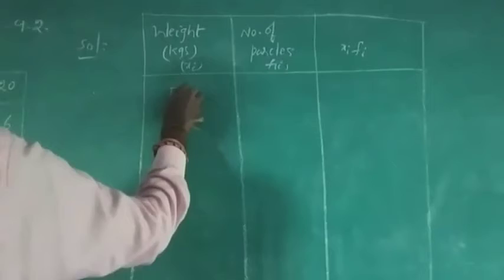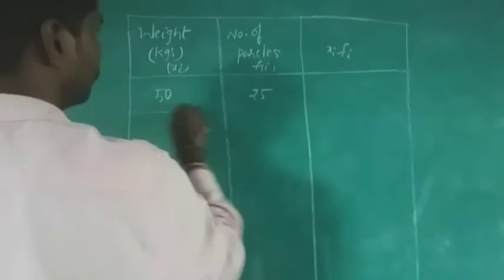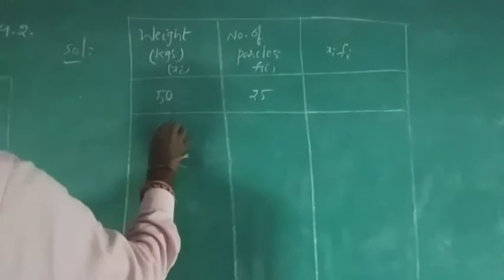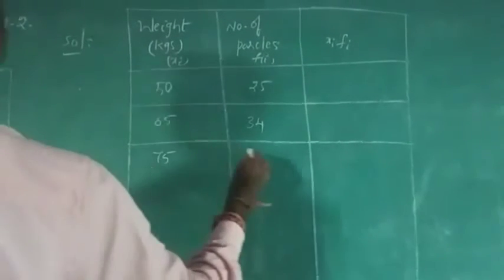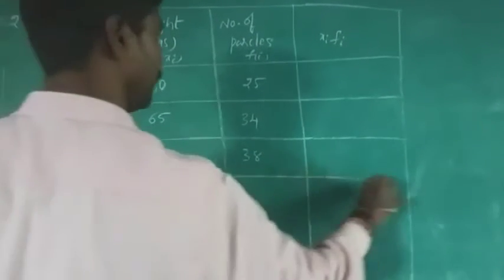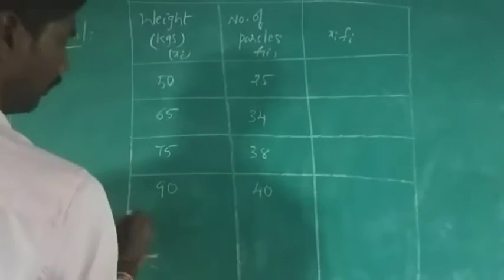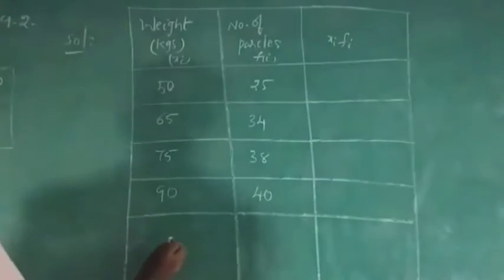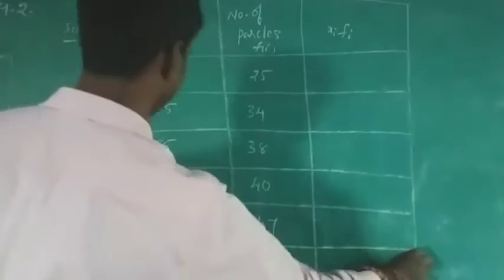Here is given 50, 25; next 65, 34; 75, 38; 90, 40; 110, 47; 120, 16.